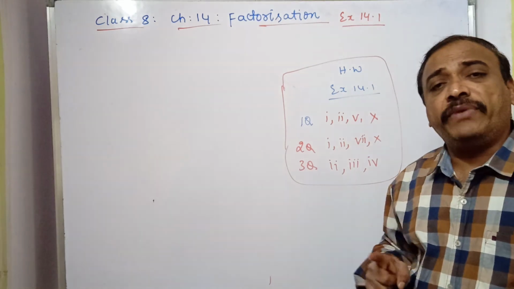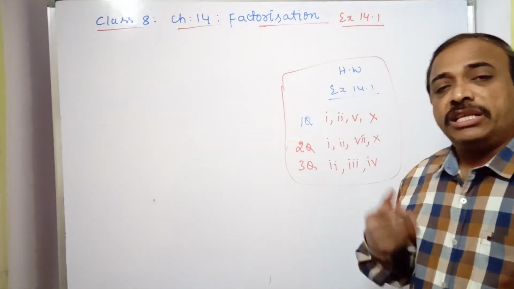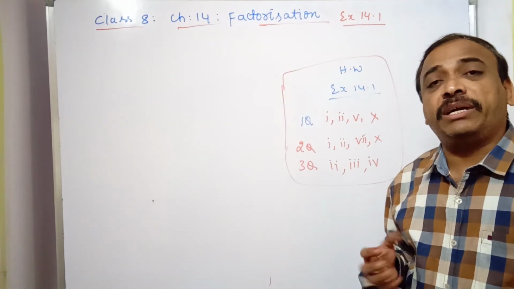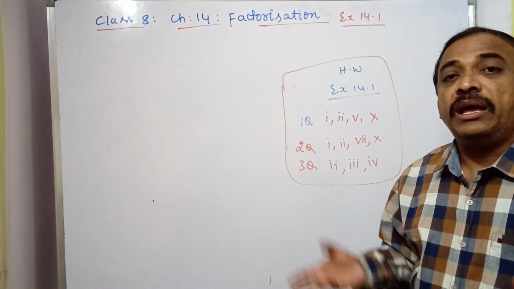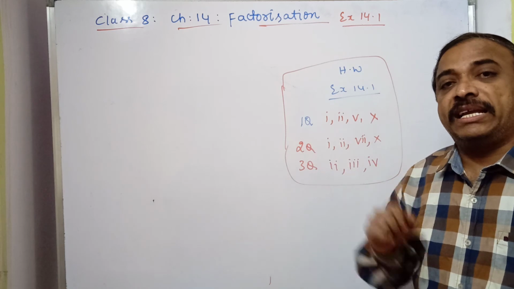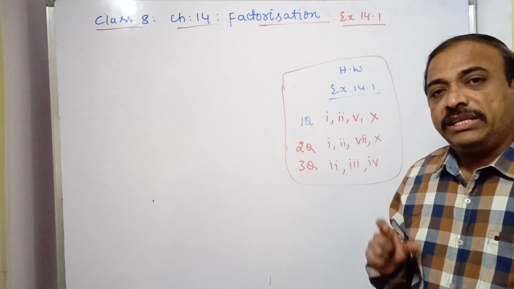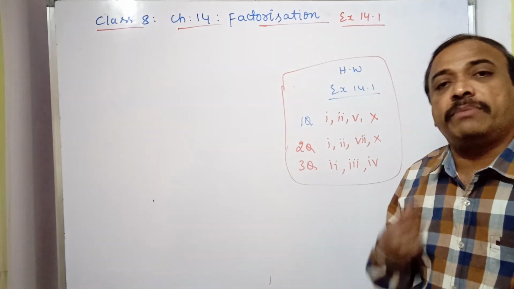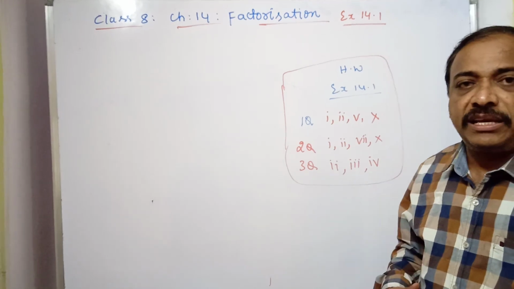One is the common factor for every term. Algebraic expression factorization is about factors that cannot be reduced further. In natural numbers we say prime factorization; here instead of prime we use the word irreducible. I hope it is clear to you.